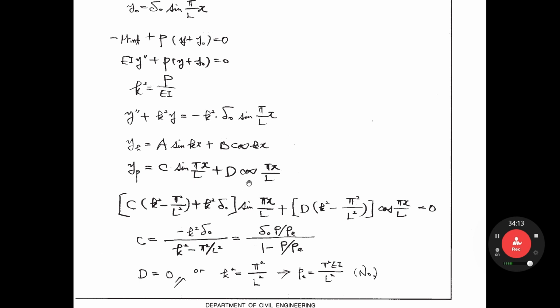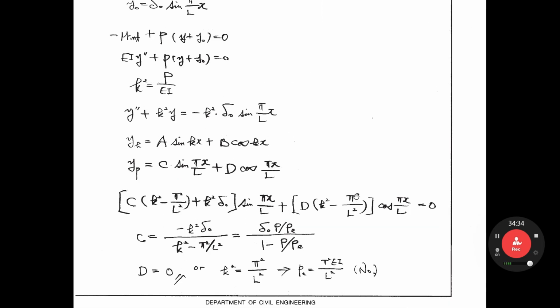In this equation, the right hand side, this k square delta 0 sine pi x over L, we move to the left hand side and rearrange like that. Okay, in order to satisfy the equation equal to 0, this one must be 0, right? And then this one also must be 0. From this one equal to 0, you can get the C value, minus k square, like this.